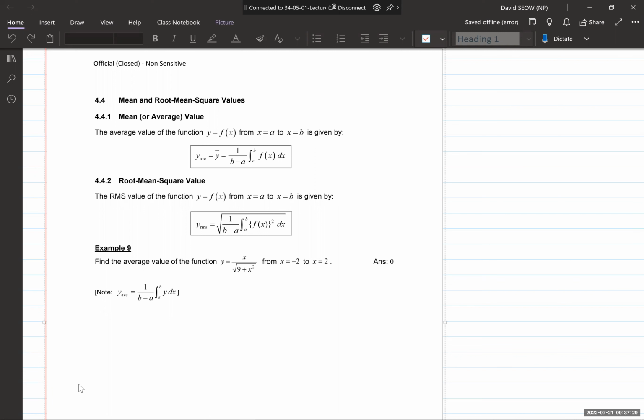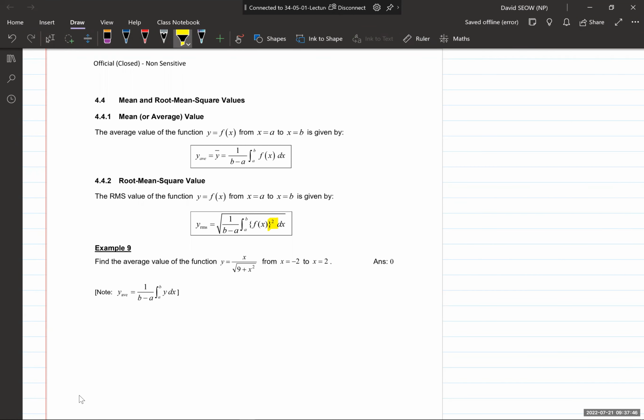So I square the f(x), get the mean, and finally take the square root. This is normally used for error analysis, to find how far each sample is from the mean.